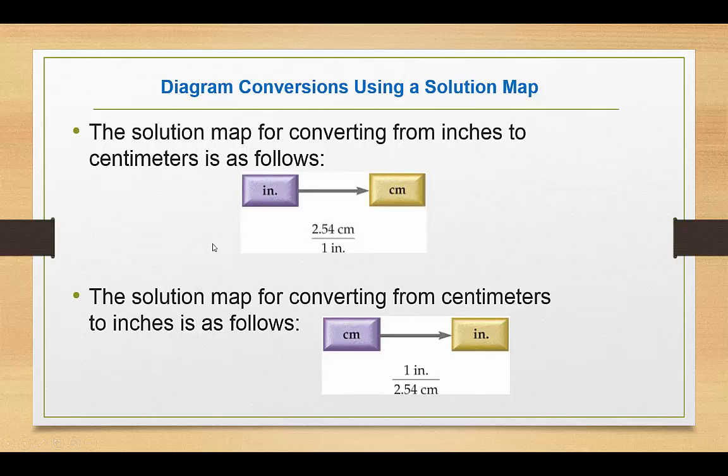A solution map for converting from inches to centimeters would go like this. So this is the critical thinking part. This is reflecting on what do I know and how do I know that. I've started with inches. I want to get to centimeters. I have a relationship between centimeters and inches. Now if I want to go inches to centimeters, here's the process. Inch cancels out, leaves me with centimeters. The other way around, from centimeters to inches, I just flip that conversion factor over.